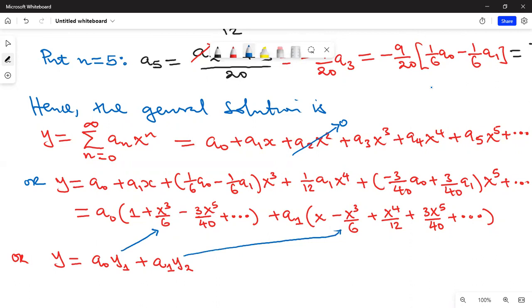So you see y1 is a solution, y2 is a solution, and now y is a linear combination of those two solutions. a0 and a1 are arbitrary constants. The y1 and y2 are two independent solutions of the given ODE.